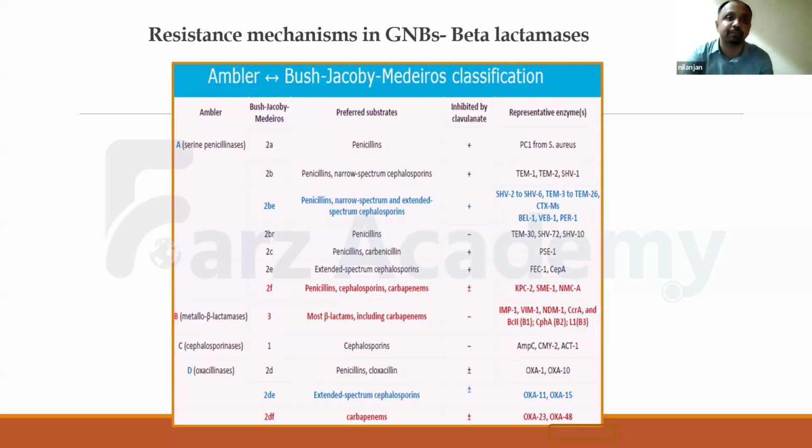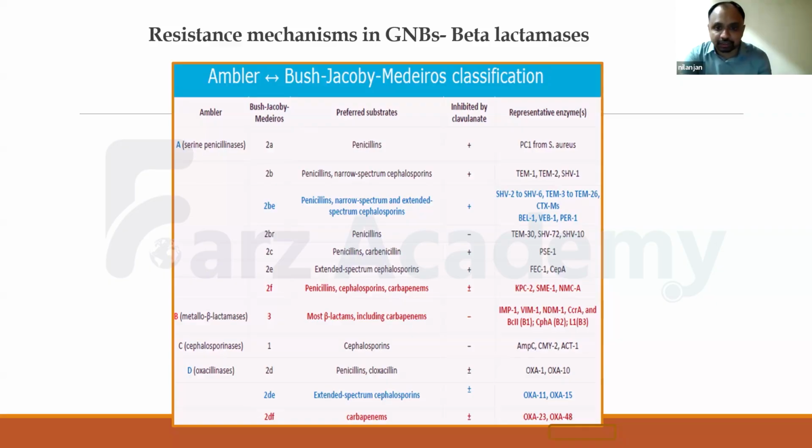When we are using biofires, we can get the results quite early and change the antibiotics quite early. The common genotypic patterns that we focus on in class A are CTX-M. You might have seen biofire reports with the organism where they show CTX-M detected, or TEM-26 or TEM-3 detected.